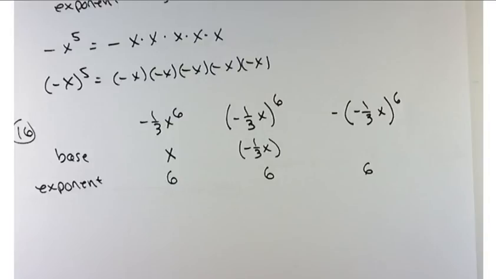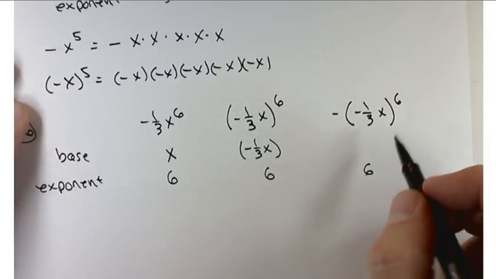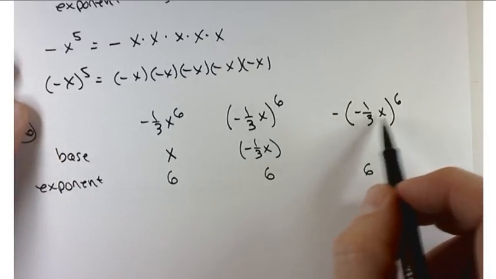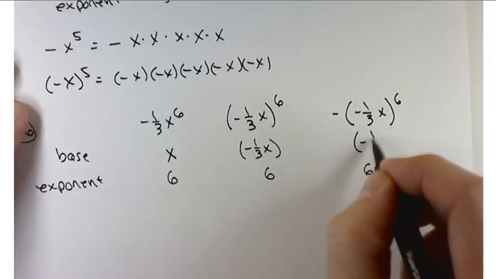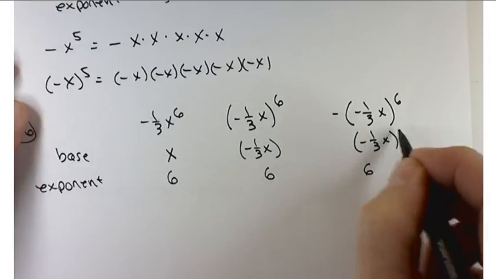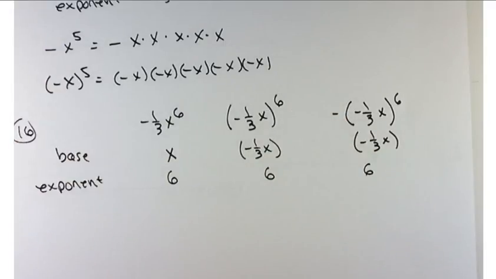And let's go into the back corner. Rochelle, what's the base in the last one? Is there a reason that you wouldn't take the x along with that as well? All right, good. So again, it's the same thing, negative 1/3 x. So this negative out in front doesn't really make a difference to the base. It's just negative 1/3 x.